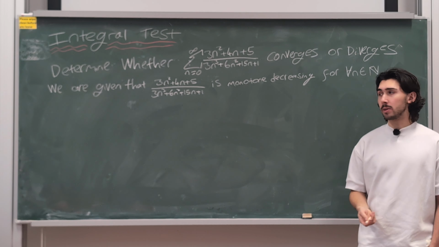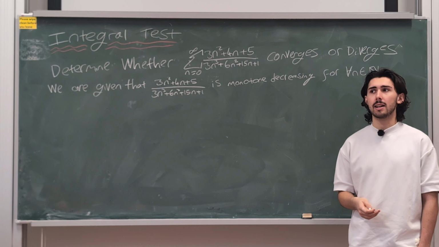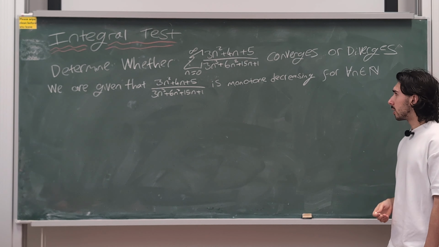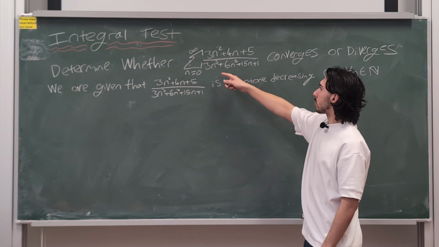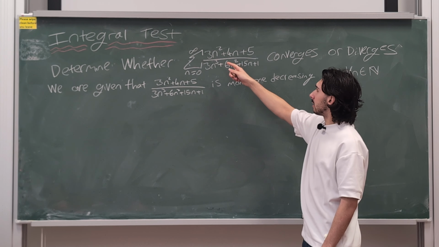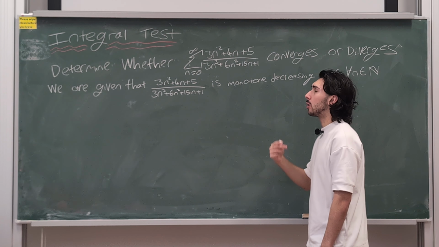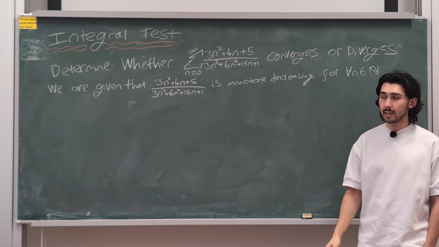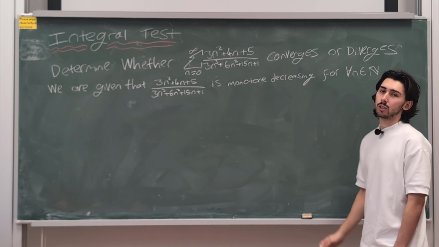We don't need to prove that, because if you did have to prove that, you'd have to use differentiation and it would be a real nightmare. You can also look at it on an intuitive level: the denominator is a cubic and the numerator is a quadratic, so the cubic grows faster than the quadratic. But we're given that in the question, so we don't have to think too much about it.